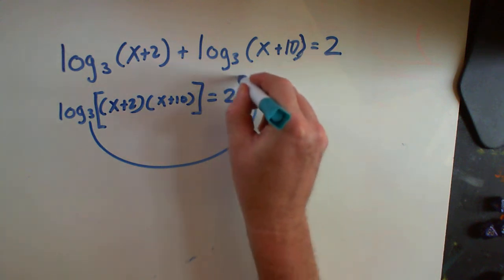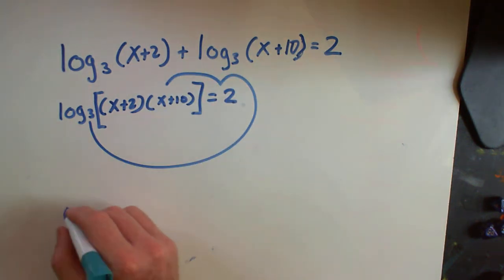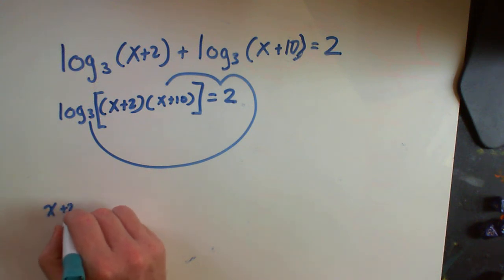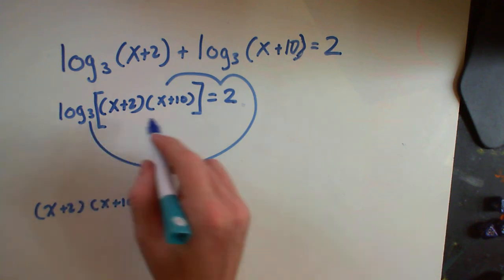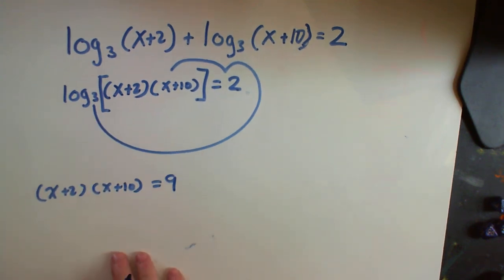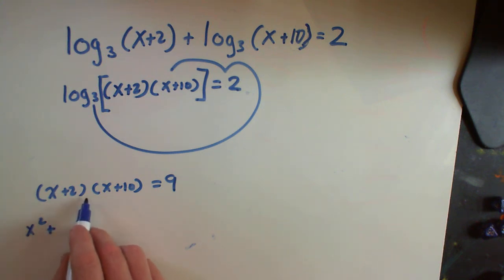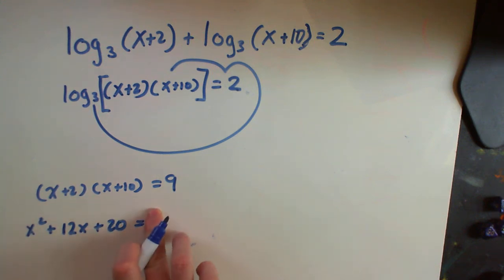3 to the second power equals x plus 2 times x plus 10. So x plus 2 times x plus 10 equals 3 to the second power, which is 9. Now we're going to just solve this like a regular old quadratic. So I'm going to multiply that out. X squared plus 2x plus 10x is 12x, plus 2 times 10 is 20, equals 9.